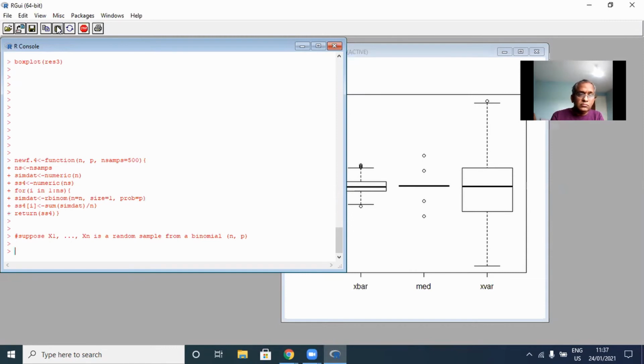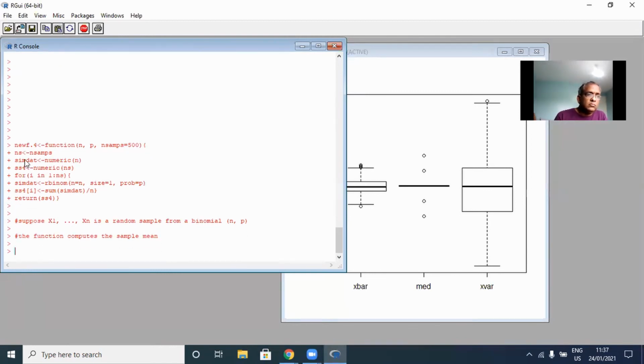So the function computes the sample mean, which is given by this statement here. So it's just the sum of the x's divided by n.